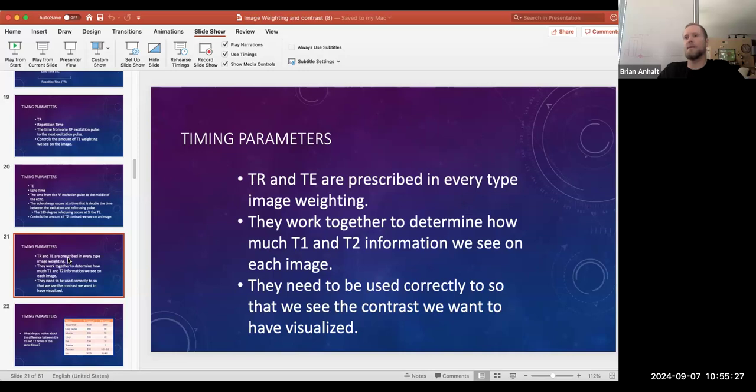And in a T1 weighted image, I'm going to prescribe a TR that maximizes the T1 information... that makes sense? And then in a proton density weighted image, I'm going to minimize both T1 and T2 contrast so that I see just contrast based off of only the differences in the amount of protons within each tissue.